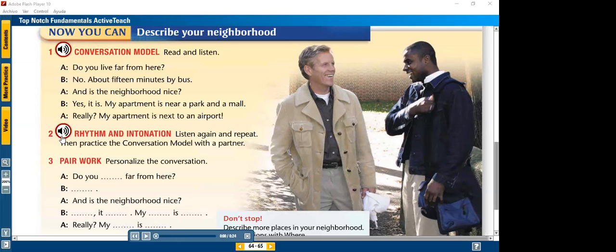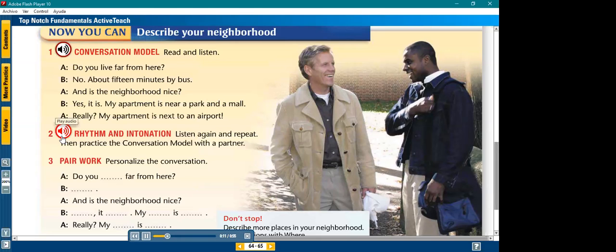Page 65. Exercise 2. Rhythm and intonation. Listen again and repeat. Then practice the conversation model with a partner. Do you live far from here? No, about 15 minutes by bus.